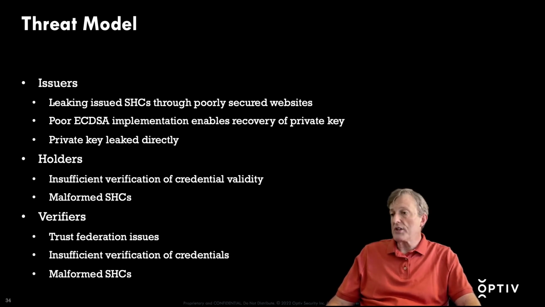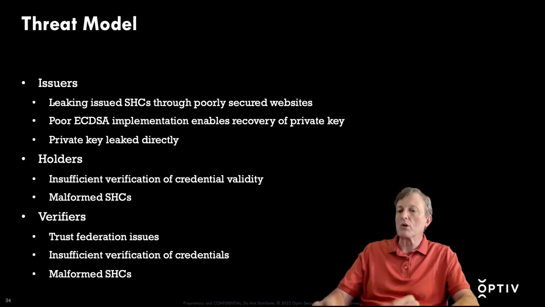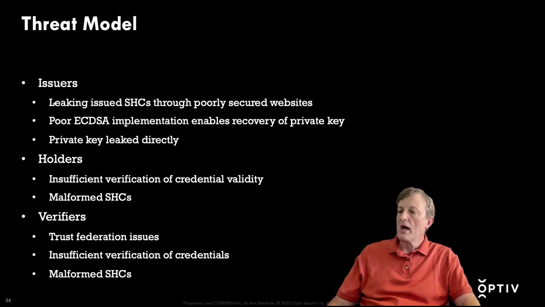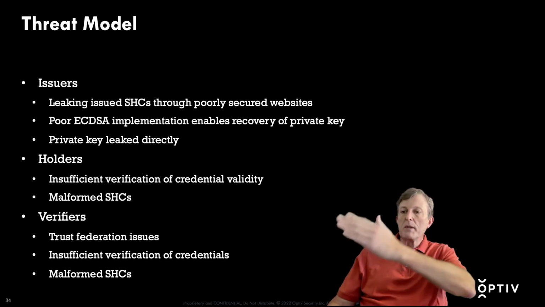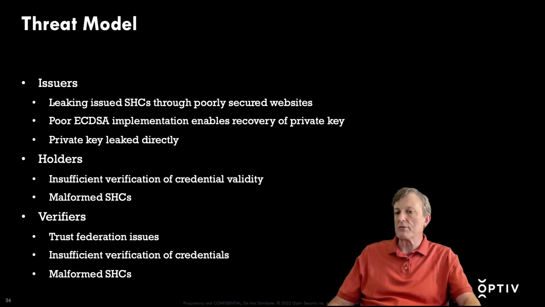On the verifier side, there's all sorts of issues with trust federation. Remember, I talked about that, where there's no way we can have a single issuer of all vaccine credentials. So we have to have a way to trust different issuers, and that's how we use those issuer URLs and those key IDs.